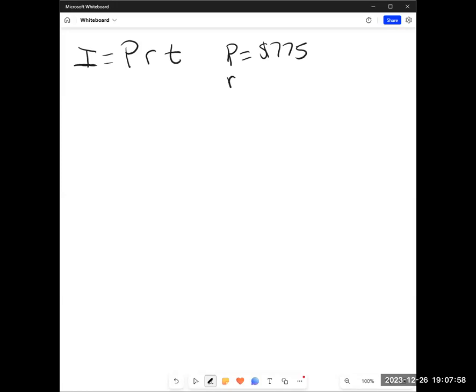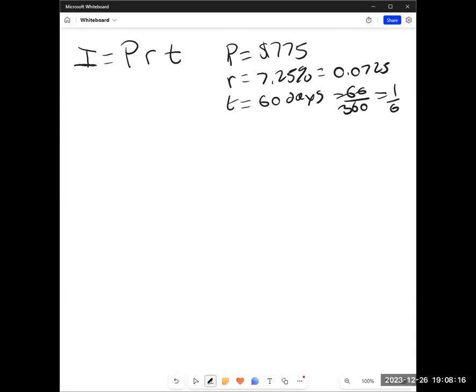Our R is 7.25%, which is 0.0725. And our T is 60 days, and we need to change that into a part of a year. So 60 divided by 360 is going to be 1/6.